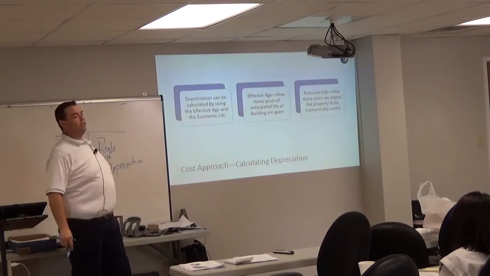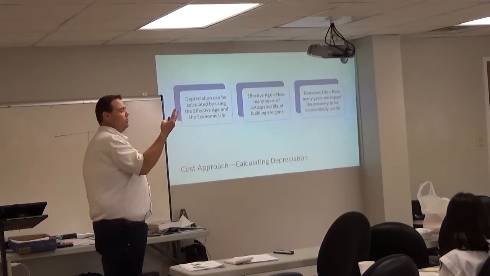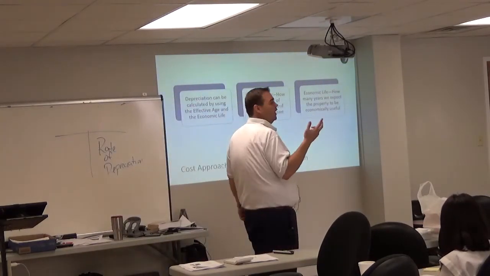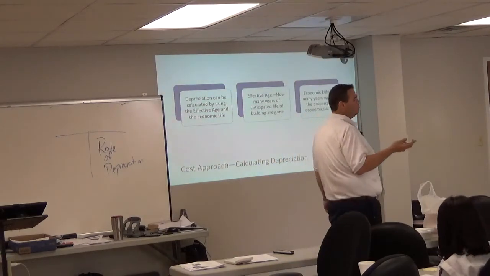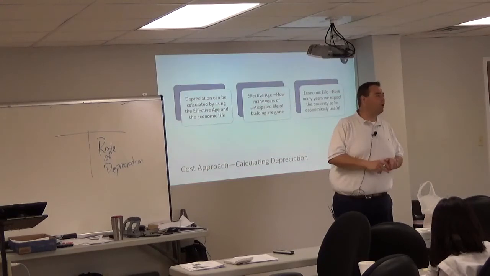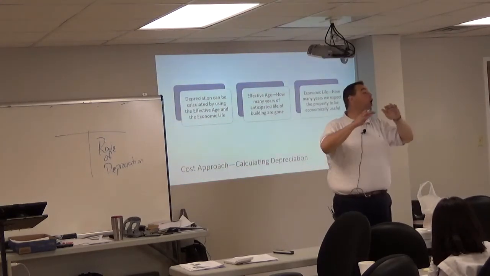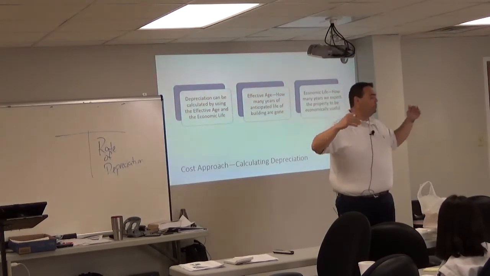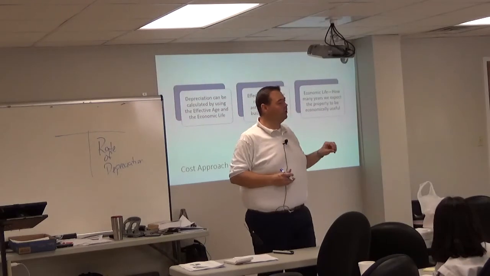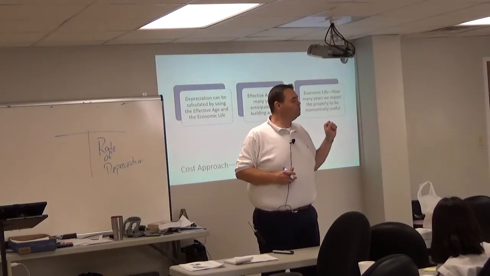The rate's always down there in the bottom right-hand corner. You got two other things: the effective age, and the economic life. When we're calculating a rate, I said it's always the part, the thing you're trying to count, divided by the whole, the total number of something. When you're talking about effective age or economic life, which one is the total? Is the age the total, or is the economic life the total?